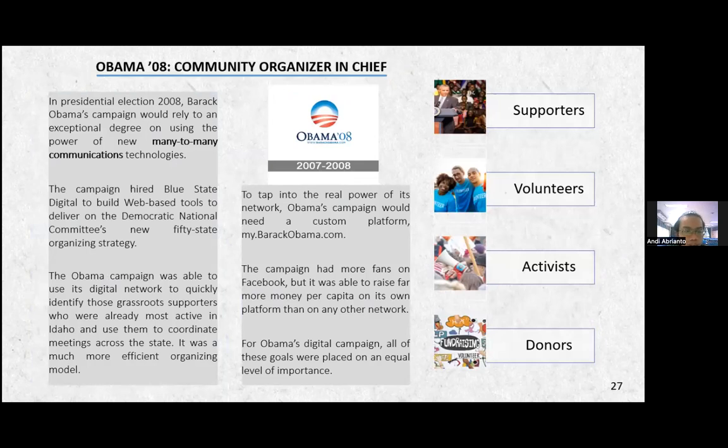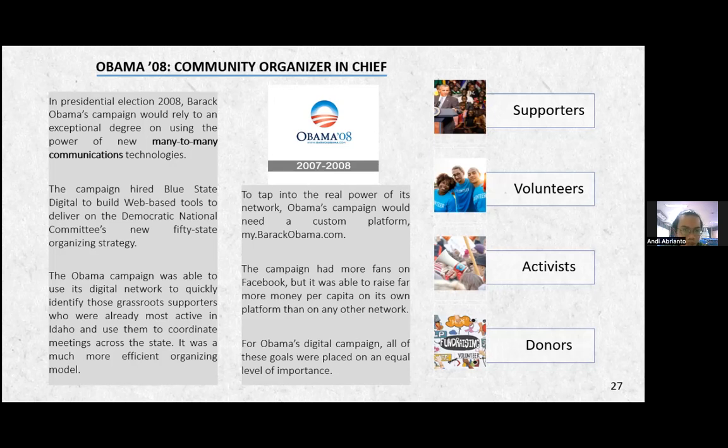Okay, and the third example is Obama '08, community organizing in Idaho. In the presidential election in 2008, Barack Obama's campaign relied to an exceptional degree on the power of new many-to-many communication technologies. The campaign hired Blue State Digital to build web-based tools to deliver on the Democratic National Committee's new 50-state organizing strategy.